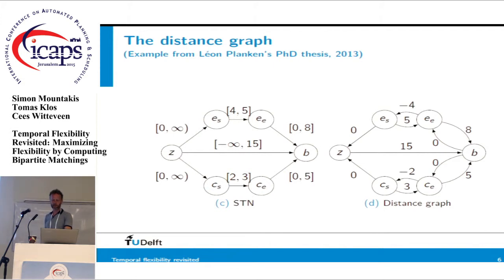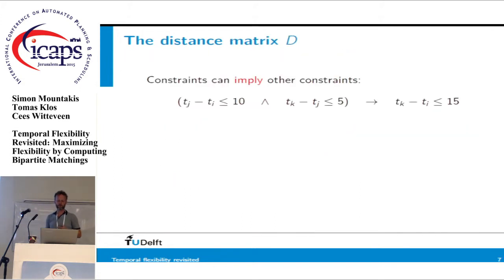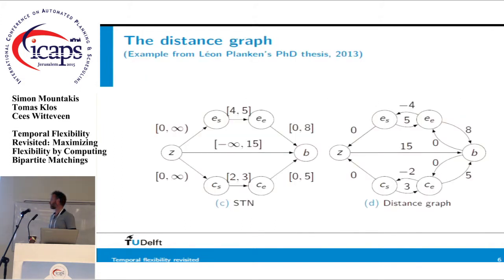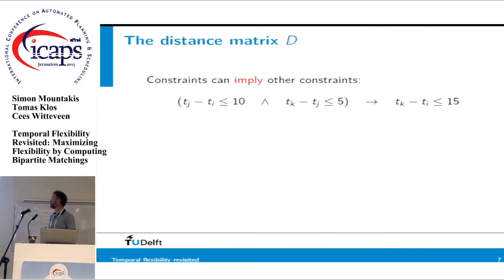That's called the distance graph, and you can use it to do some inference, because constraints imply other constraints. If the difference between i and j is at most 10 and between j and k is at most 5, then this implies that the difference between k and i is at most 15. You can derive these implied constraints by reasoning on this distance graph, taking the values on the edges as the maximum temporal distance between variables.